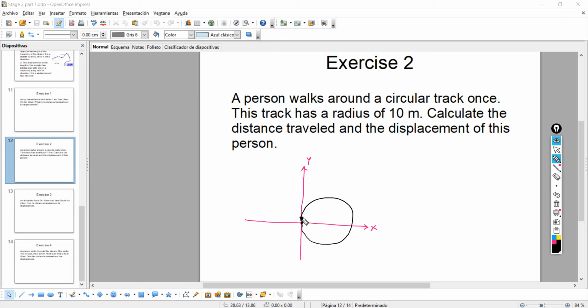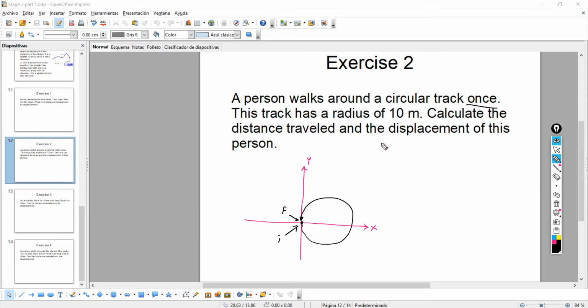And this person will arrive at the same point that he started with. Why? Because he walks around the circle just once, so obviously he has to go back to the same starting position. Okay, so the initial position and the final position of the motion are both the same. They coincide.